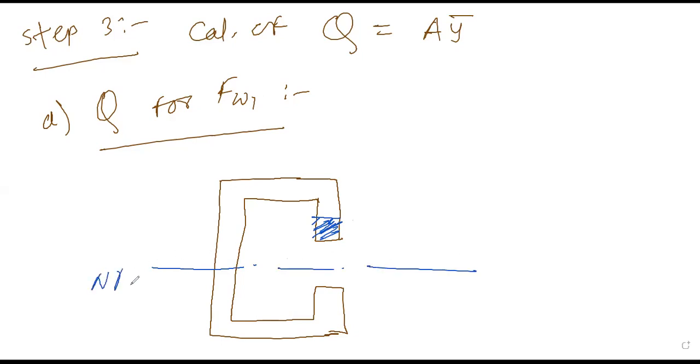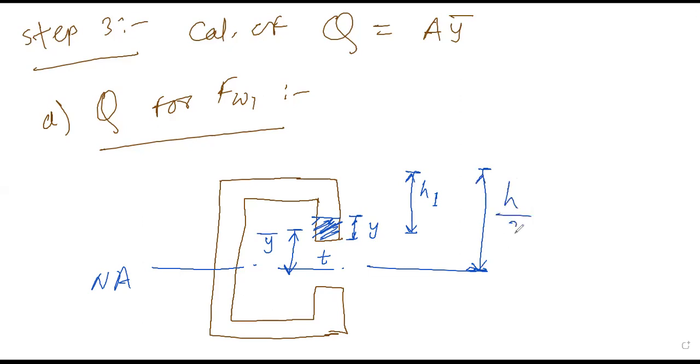This will be the neutral axis. Thickness is T. We have taken this as Y. Up to center is Y bar. This is your H1. This is H by 2.